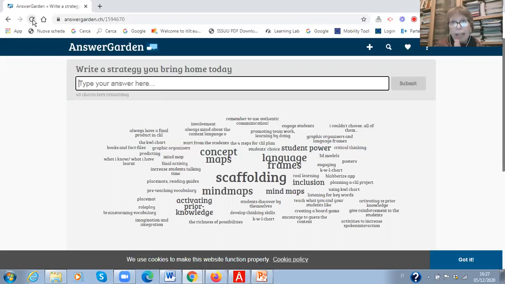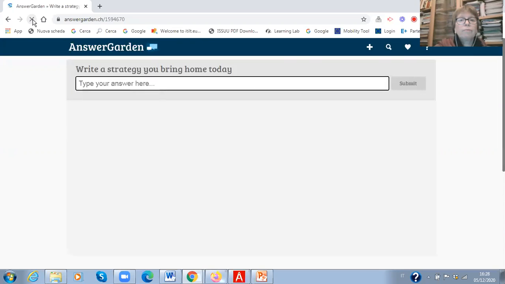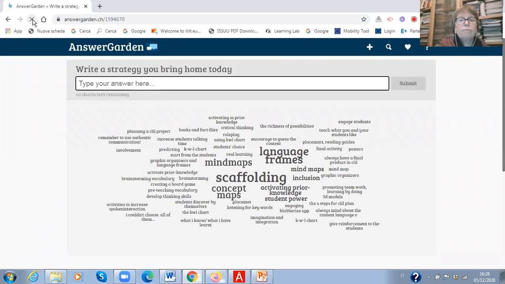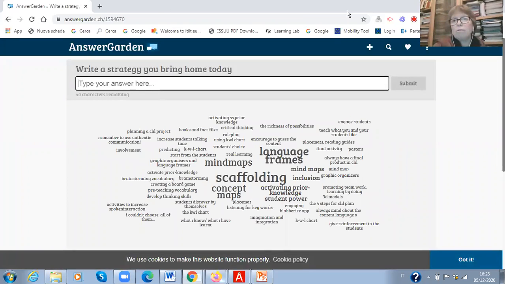And again, CLIL doesn't mean that you have to use only English, all the languages can be involved. For example, in my school, not in primary school, but in the third cycle, from 13 to 15 years old, we have a CLIL project in French. Exactly. So, why not?